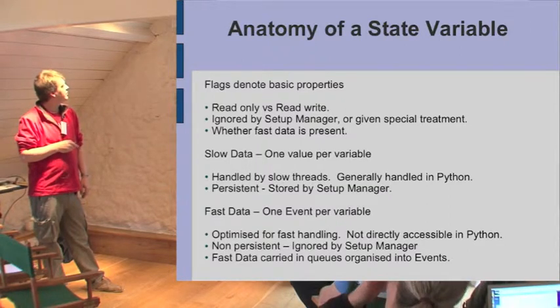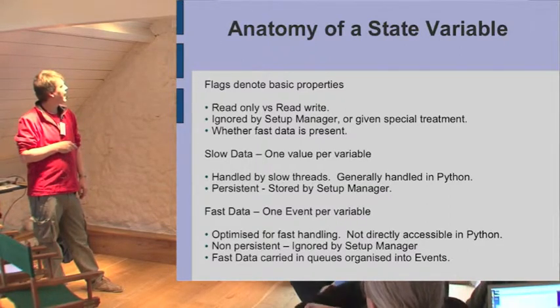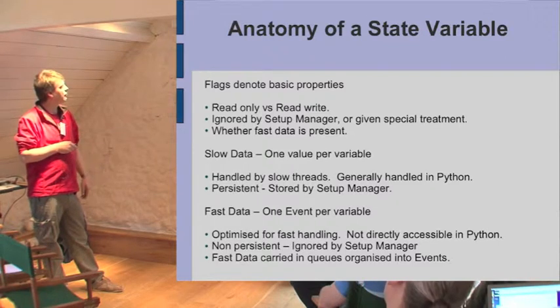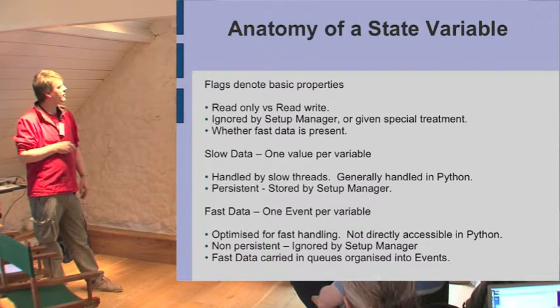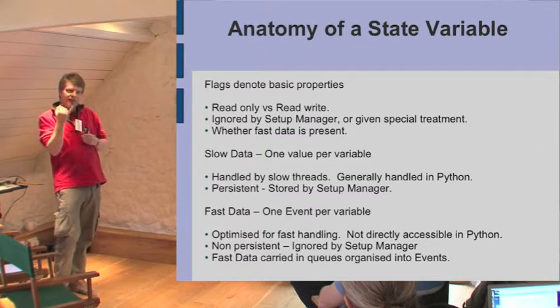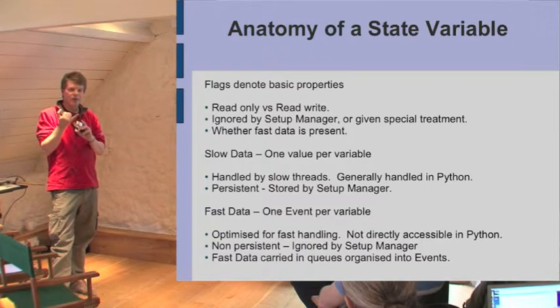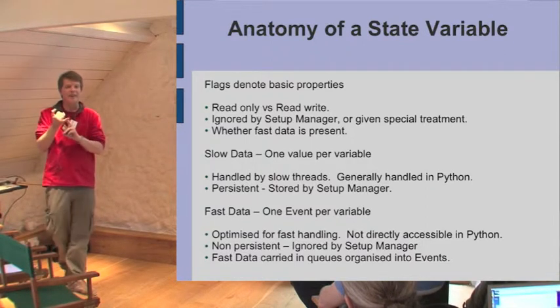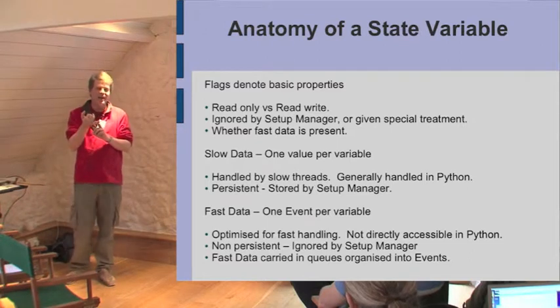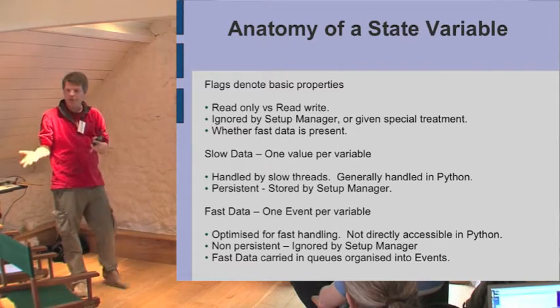So state variables, what do they have? They have flags, as I was talking, things like read-write, whether they should be side effects and stuff. They have a value, the persistent value we see there that the setup manager saves. We generally call that the slow value or the persistent value or the slow data. It's handled in the slow threads.